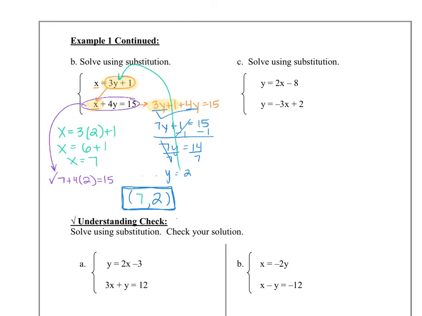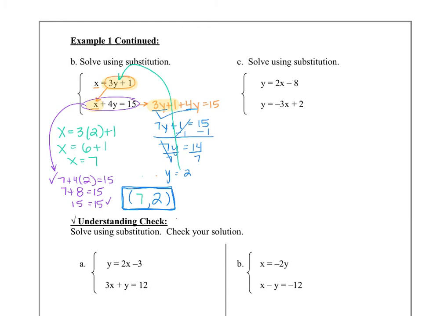And actually, I don't think it does, because 7 plus 8 is 15. So we got it right. That's how you check to make sure. You don't check both of them because we just used the top one to get the x, so you don't have to use them both. But it does help to check just to be sure that you didn't miss a negative or something. So make sure that you check as you go.